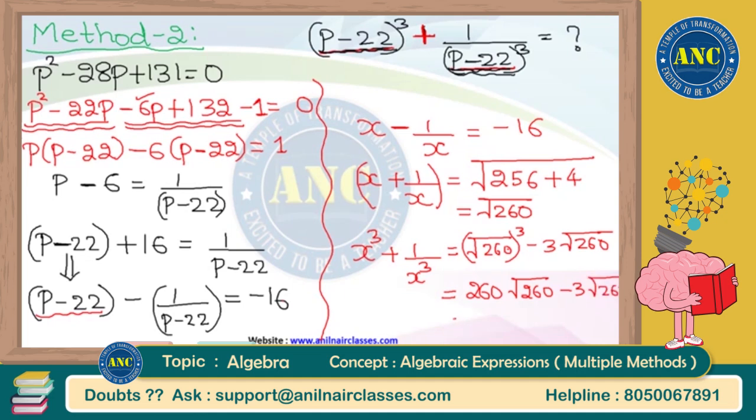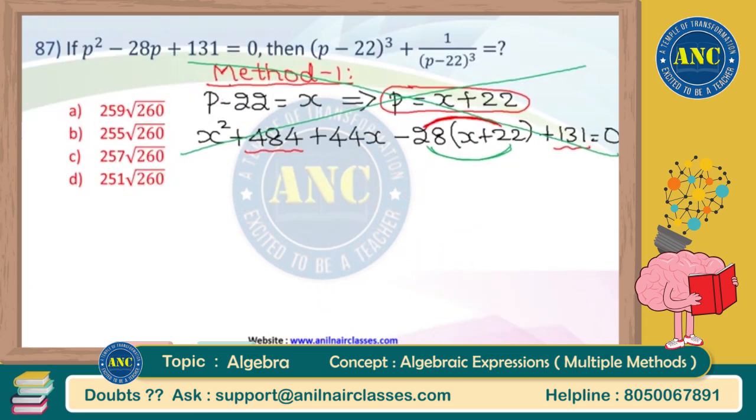So if I take root 260 common factor, 260 minus 3 is 257, and root 260 common, I will write it as it is. So the final answer for this question is 257 times root 260, which is nothing but option C, right?